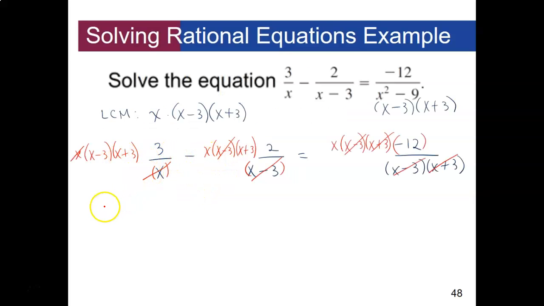So on this one, I'm left with a 3, an x minus 3, and an x plus 3. On this one, I'm left with a 2x and an x plus 3. Here I'm left with a negative 12 and an x. So I'm left to solve this remaining equation.